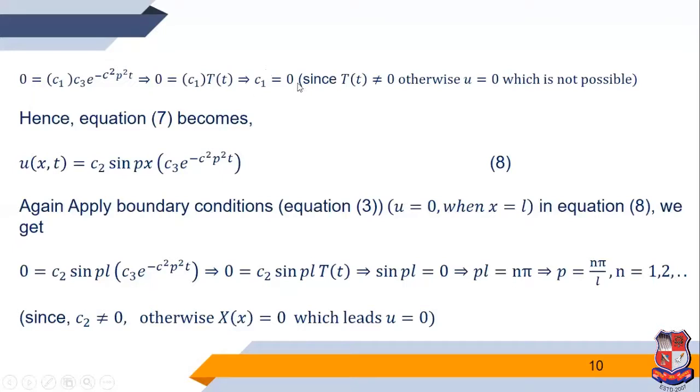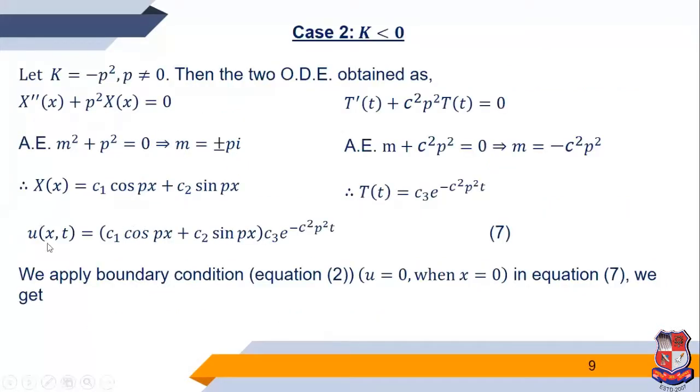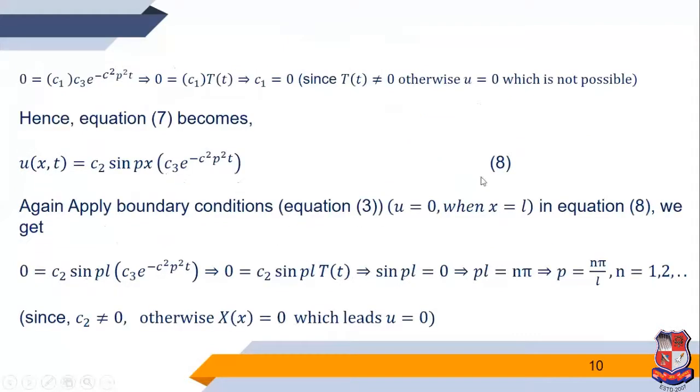So now we input c1 equal to 0 in the previous equation 7. Then equation 7 becomes u(x,t) equal to c2 sin px into c3 e raised to minus c square p square t. So this is equation 8.